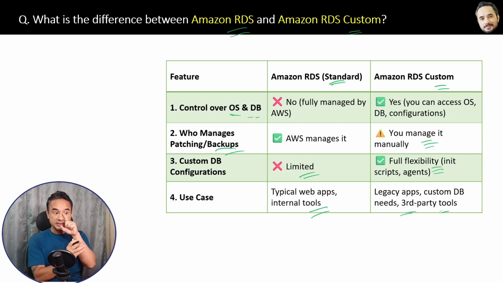But in standard RDS, mostly things are already there, so you can't customize too much, okay? In short, go for RDS standard in most cases, simple and medium app development. And for complex migration of legacy applications, think about RDS Custom. Okay, that is the answer to this question, and everything is written in this book.